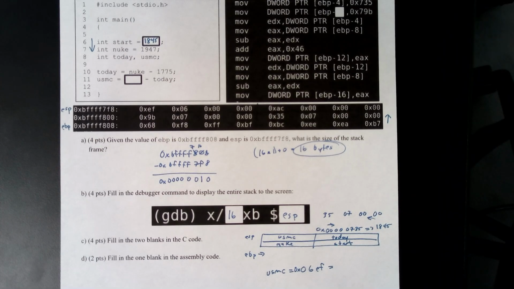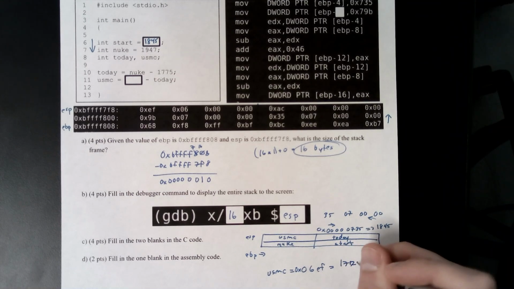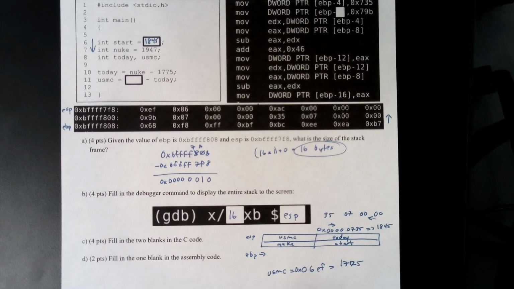Decimal, again, use your calculator, and that gets us 1775. So now we need to figure out what is 1775 minus today. Well, today is nuke minus 1775, and so that is 1947 minus 1775, and that gives us 172.